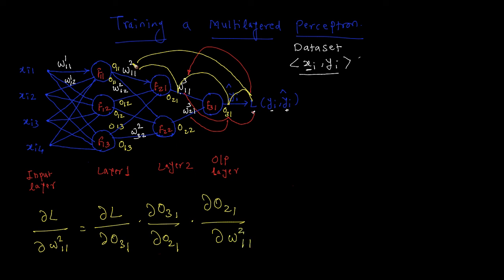So that is how I can compute this derivative. Again, it's a chain rule. This is the same as this, and finally we have this term here. Similarly, all other weights can be updated by computing their respective derivatives.